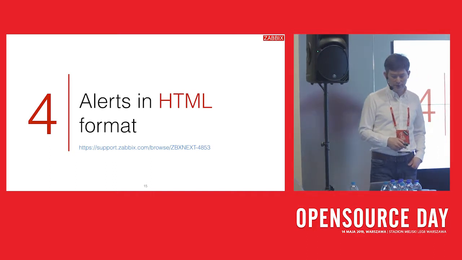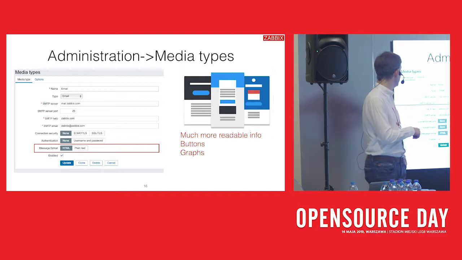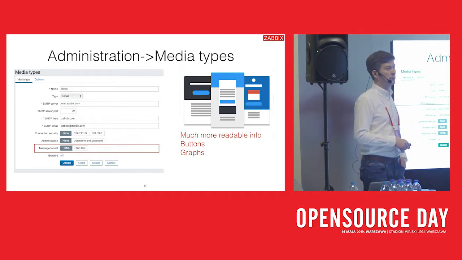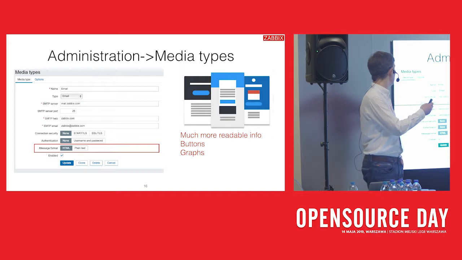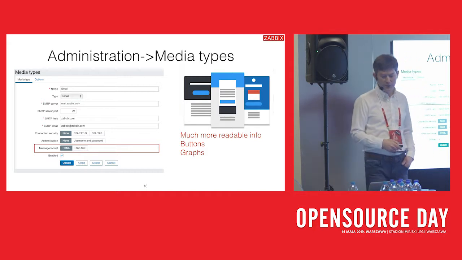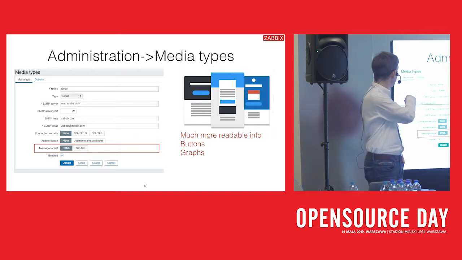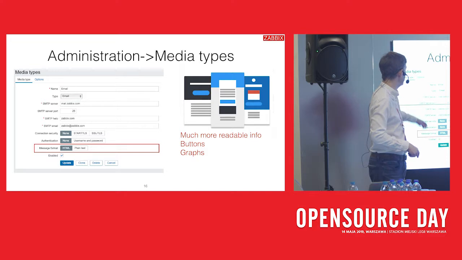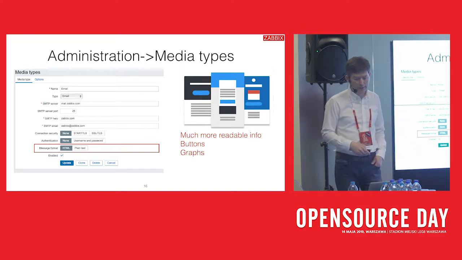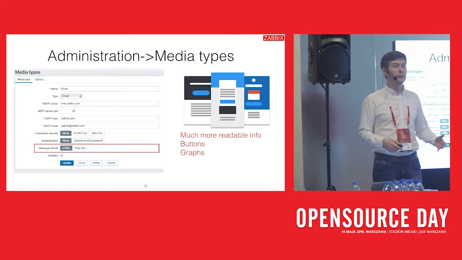Another nice feature is alerts in HTML format. So finally, we also support email messages in HTML format. So not only plain text, but also support of HTML. When you configure media type email, you may select a message format HTML, and this way we'll get much more readable information.